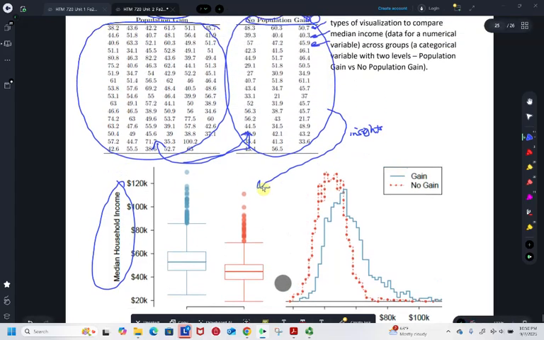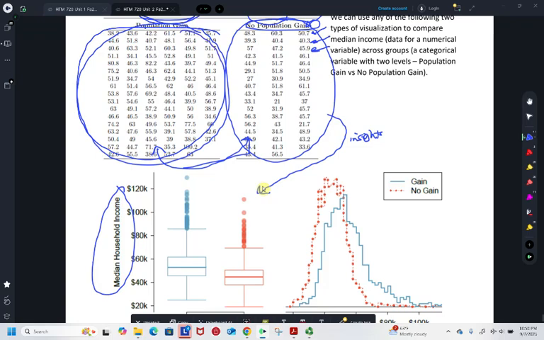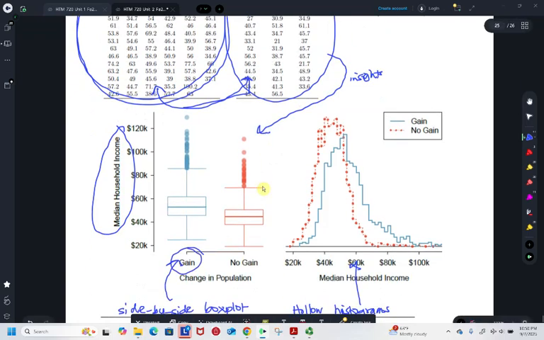So we have built a box plot for those who had population gain. Here it is. And for those counties that had no population gain, here's a box plot of median household income in those counties. What does this show us?